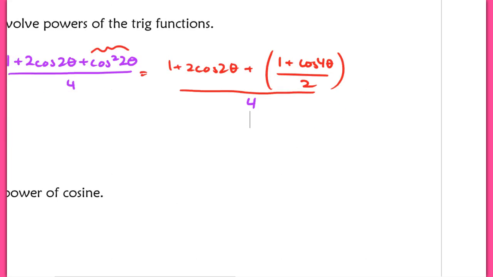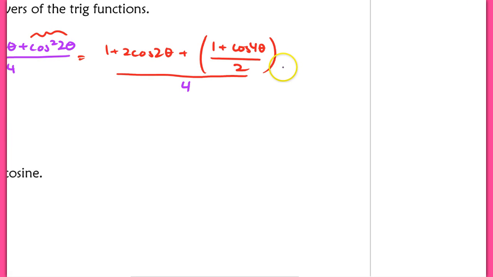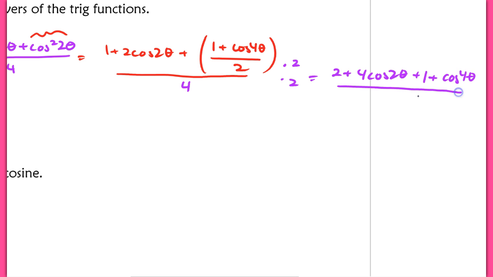Now, when I multiply here, I'm still going to use that same idea. I'm going to multiply by 2 in the numerator and the denominator so that I can get rid of that 2. So that I have 2 plus 4 cosine 2 theta plus 1 plus cosine 4 theta, all over 8.